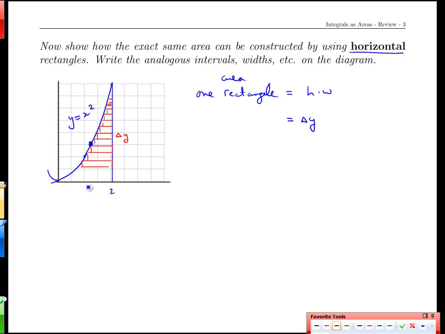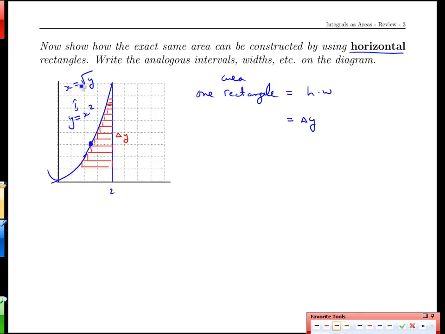The point at x gives us the y coordinate x squared. We're interested now in widths, so x direction distances, and so we would recognize that y equals x squared is equivalent to x equals root y.